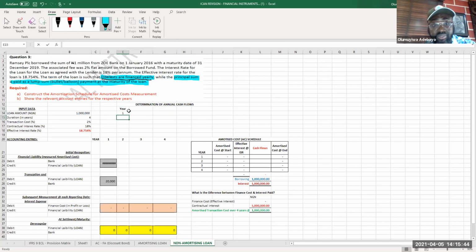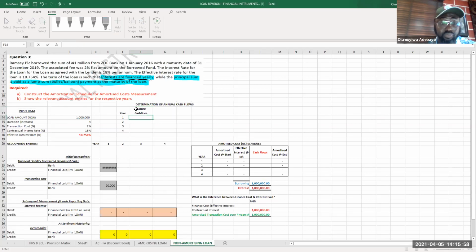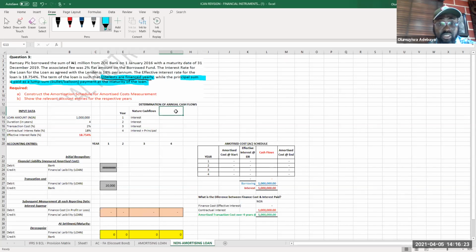In each of the periods, what is the nature of the cash flows? Interest is financed yearly, which means this is interest only in the first 4 years. And at the end of the 4th year, we pay back the principal. That's what it means.